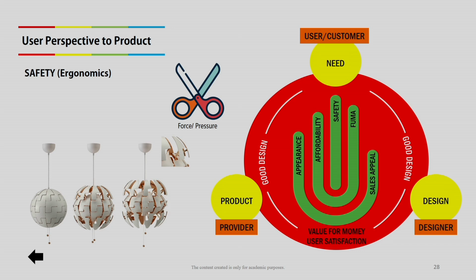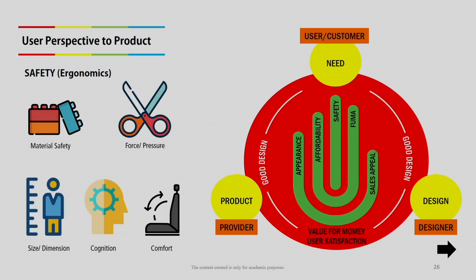So, this kind of facilities should be there in your product. Then you have to consider size and dimension. There are different anthropometric dimensions and your product should be designed in such a way that it fulfills human variability. The consumer also sees different kinds of cognitive aspects.